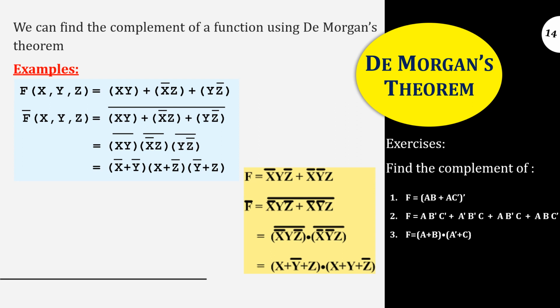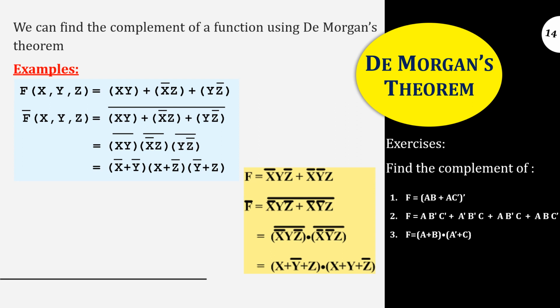X bar bar is equal to X, so we can write it as X plus Z bar, into Y bar plus Z double complement. Z double complement is Z, so Y bar plus Z. So that is the complement of F.